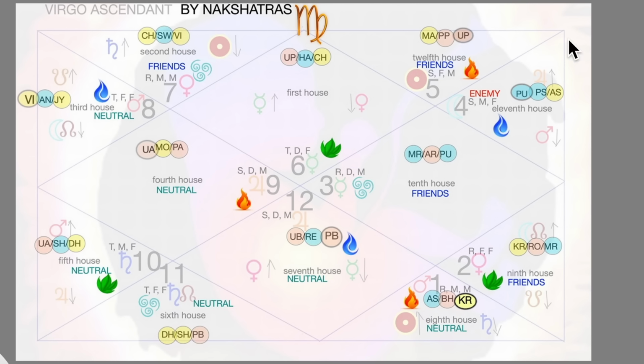For the Virgo ascendant, what happens here? Libra is in the 2nd house. So for a Virgo ascendant, there is a choice of how to spend wealth. How do I accumulate resources? How do I speak?